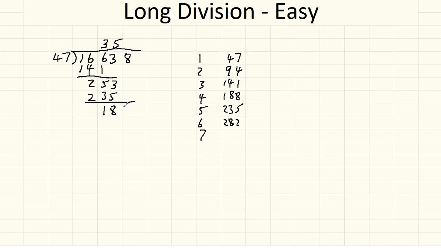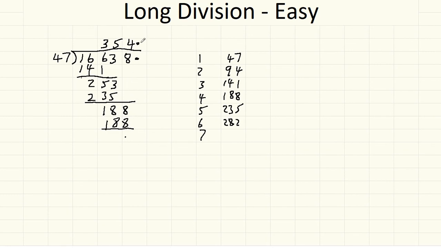Bring down the other 8. 47s into 188, exactly 4 times. 4 47s are 188. Nothing left over. We're okay. Decimal point is on the end there, decimal point is on the end there. Okay, we don't need to add any more zeros this time because it's an exact match.